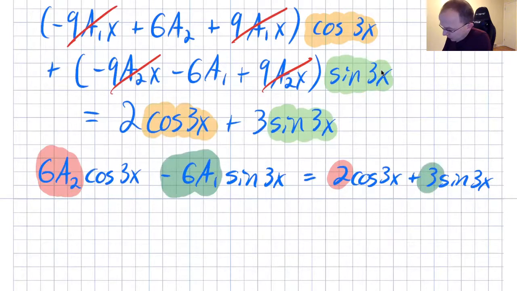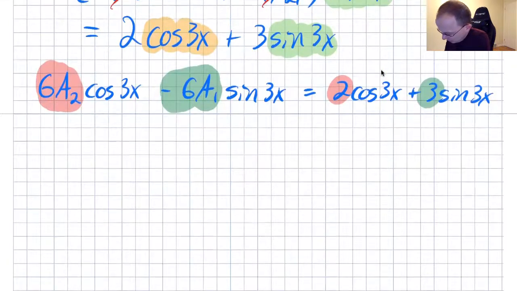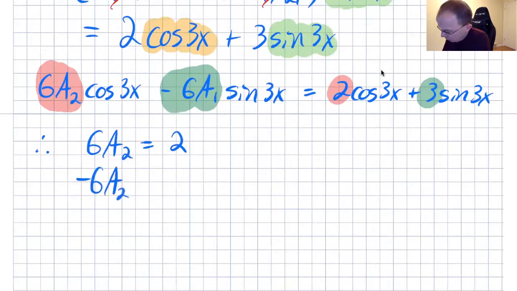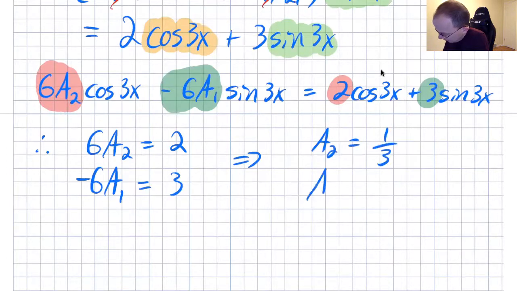Okay, so what is our conclusion? So therefore, 6a2 has to be equal to 2, and negative 6a1 is equal to 3. So we get a2 is equal to 1/3, and a1 is equal to negative 1/2. Okay, great.